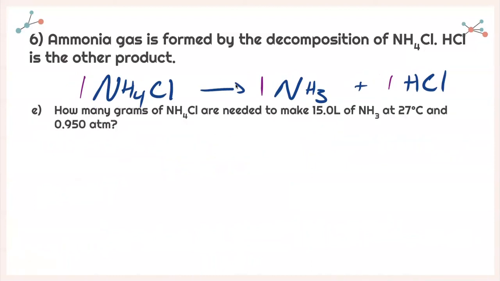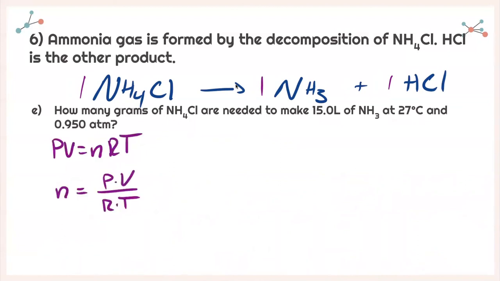Lastly, it says how many grams of ammonium chloride are needed to make 15.0 liters of ammonia at 27 degrees Celsius and 0.950 atmospheres. So we're given our initial volume, our temperature, and our pressure. Let's find our number of moles. Using my ideal gas law with some rearrangement, I can solve for the number of moles.